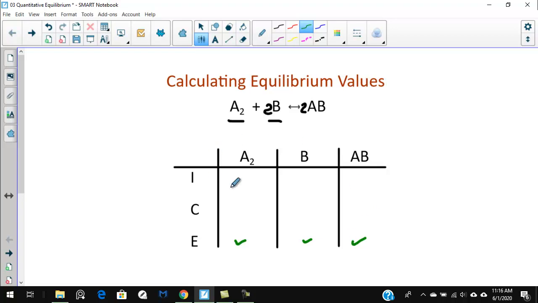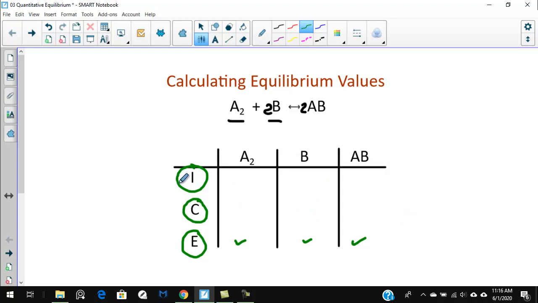In these first questions, we're going to be given the initial concentrations, like how much was put into our closed system to start. And as long as we're given either the change in one of those products or reactants, or the equilibrium value of one of them, we can do some basic stoichiometry and fill in all the other blanks on this table.